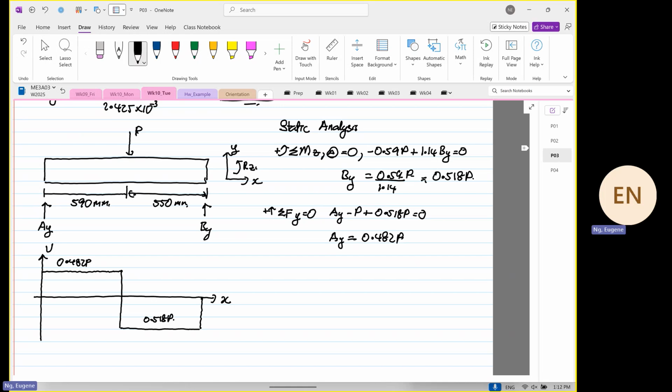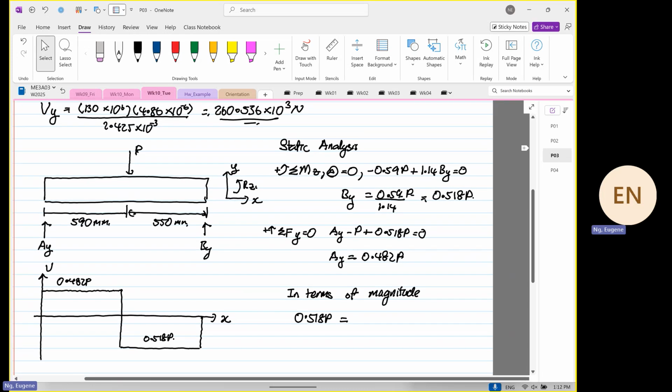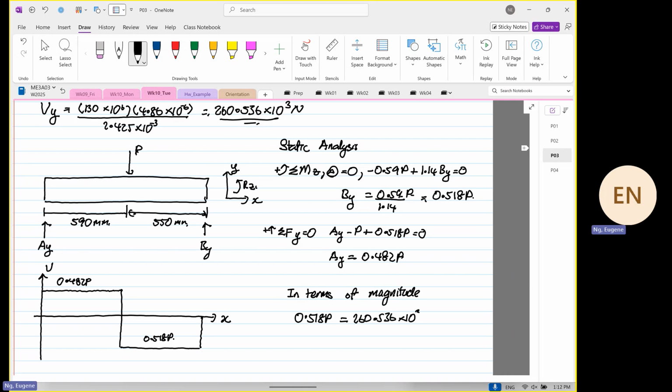So we know that 0.518 P, in terms of magnitude, will be equal to 260.536 times 10 to the power 3.